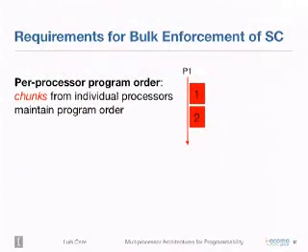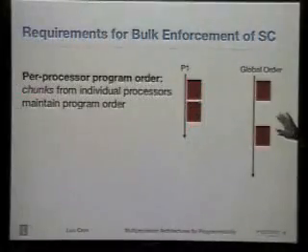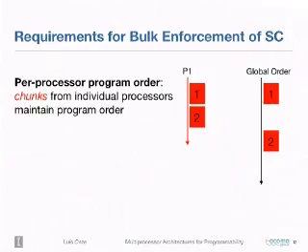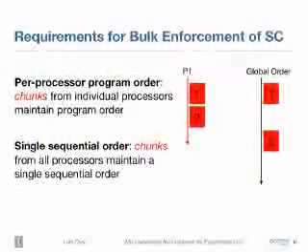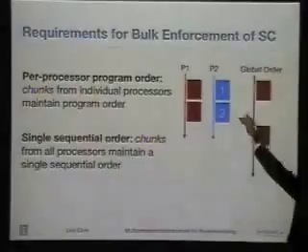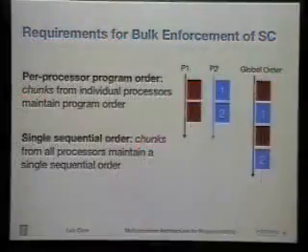So if you have one processor, P1 here, that has two chunks, 1 and 2, the resulting global order preserves the order of P1's program, so they appear in the same order. Now, there is a single sequential order of chunks. So chunks from all processors maintain a single sequential order. If I added a second processor to this example, the resulting global order of chunks should be seen by all processors in the system.